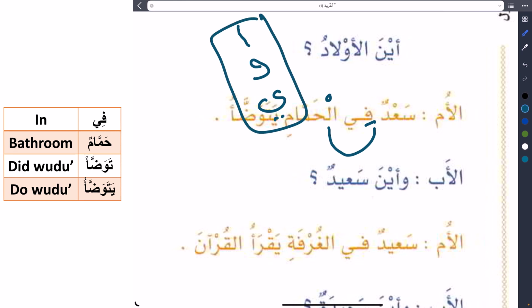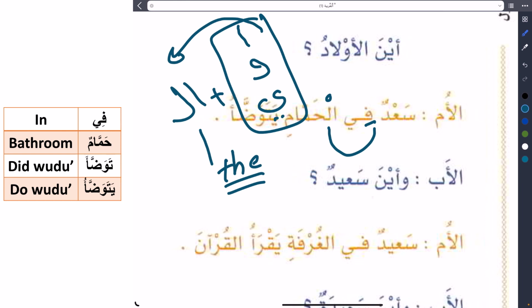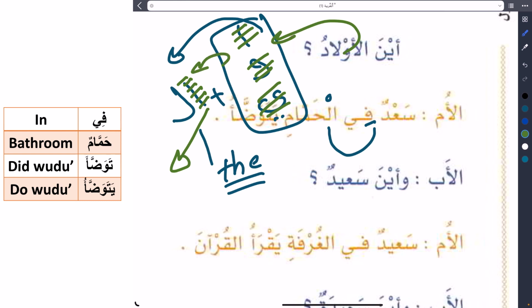And if the next word starts with al, if we join the two words together in reading, we have to skip the stretching. That's important. And also, this type of alif is also skipped because it's not the first letter. So we will skip the stretch and we will skip the alif.